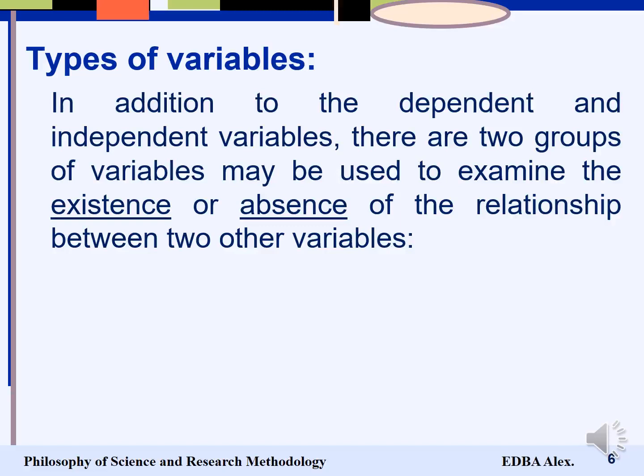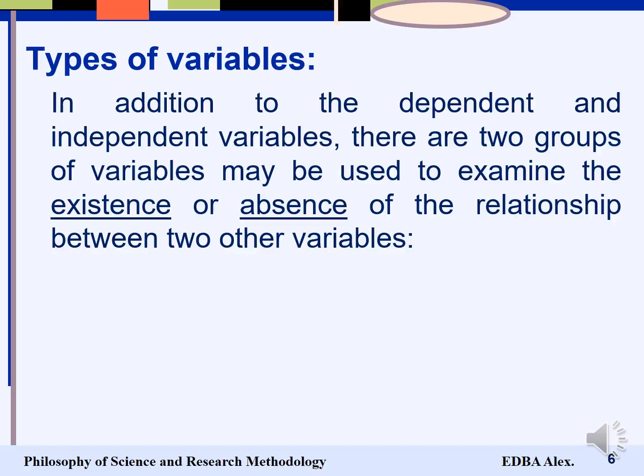So a group of test factors can be used in order to make sure that the relationship between two variables really exists. It is not a false relationship. And another group of variables is used to test that the absence of the relationship is true.